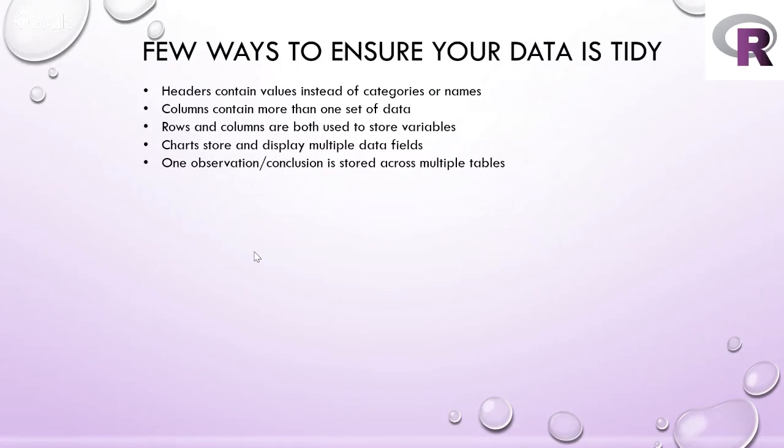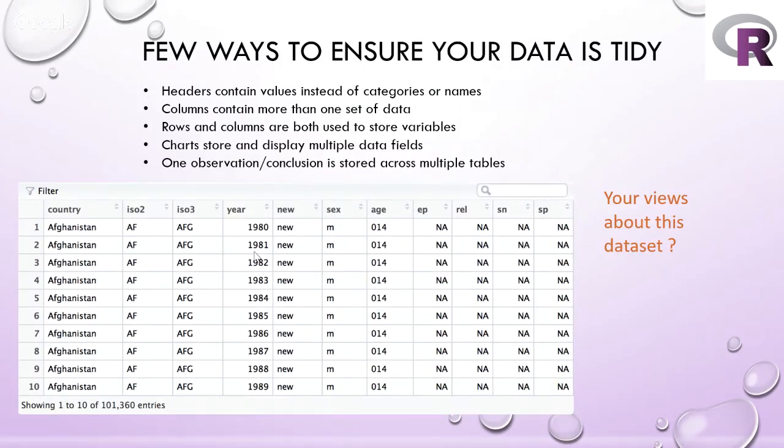So let's see an example data set. Let's suppose this is a data set we import, and we see that it has column names as variables and names. We have observations, we have good variables, but is this data tidy or not? What are your views about this data set?